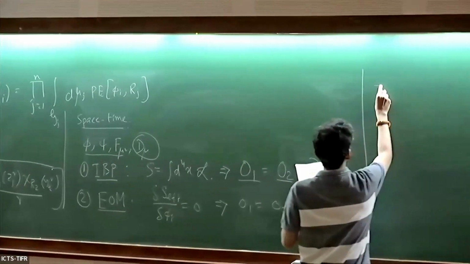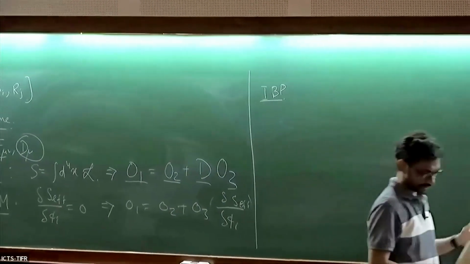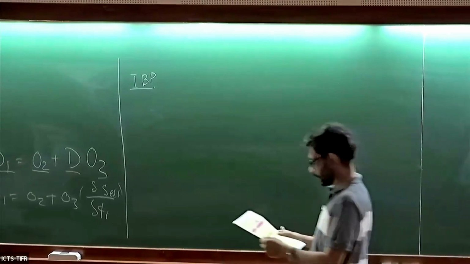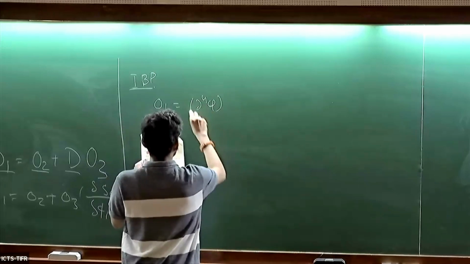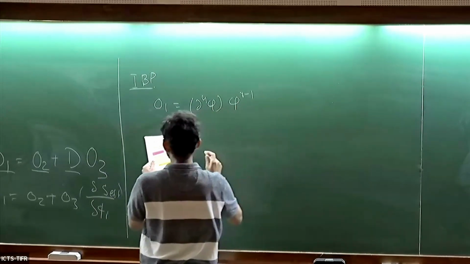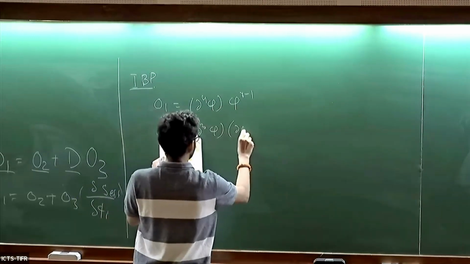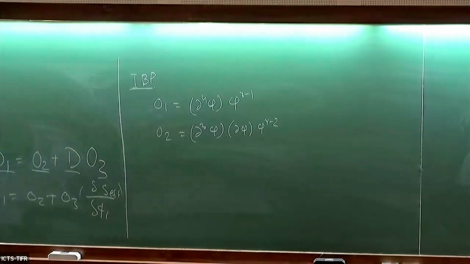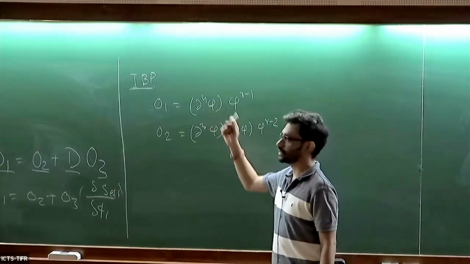But before that, we need to understand IBP and equation of motion in slightly more detail. Consider an operator O1, which is, let's say, del^4 phi^(r-1), and another operator O2, del^q phi del phi^(r-2).